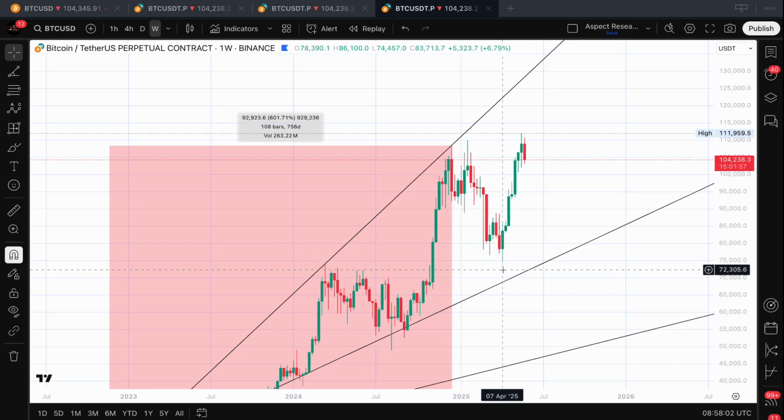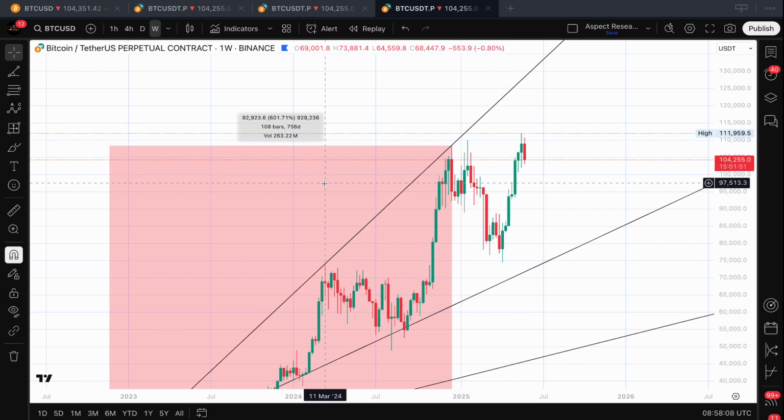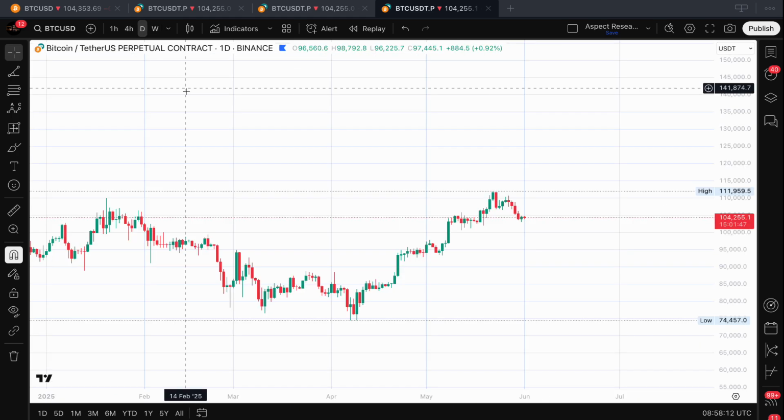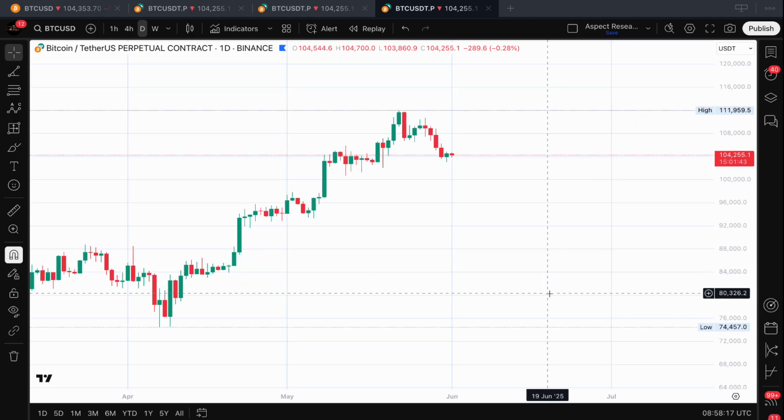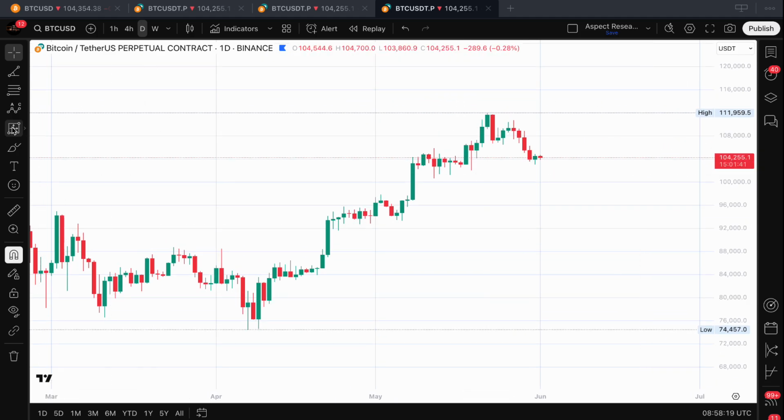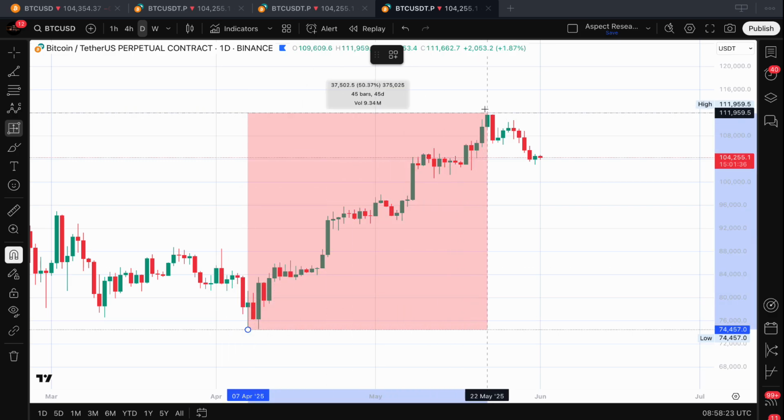And we are going to isolate this trade, we are going to isolate this trend, and we are going to square the chart again. Now let's move over to the daily chart, okay? And let's take the measurer tool from the bottom, April 7th, to the top, May 22nd.